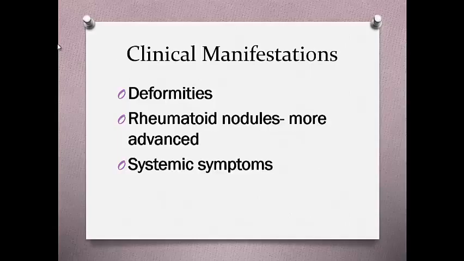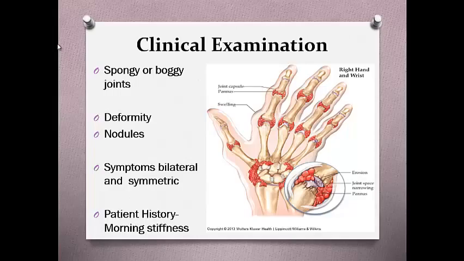So these patients, when it becomes systemic, might exhibit things like fever, weight loss, fatigue, anemia, Raynaud's symptoms, which is like coldness in their hands, lymph node enlargement, pericarditis, neuropathy, dry eyes, and they can have shortness of breath with inflammation around the lungs. So what are we going to see when we examine these patients?